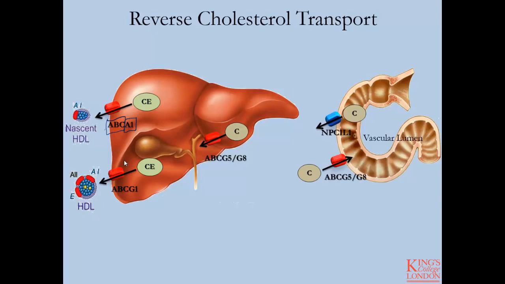As the HDL particles begin to increase in diameter and size, they will then begin to associate with ABCG1, which is primarily responsible for recognizing lipid-rich HDL particles and further increasing their cholesterol content through direct transport from inside the cell externally to the HDL particle.